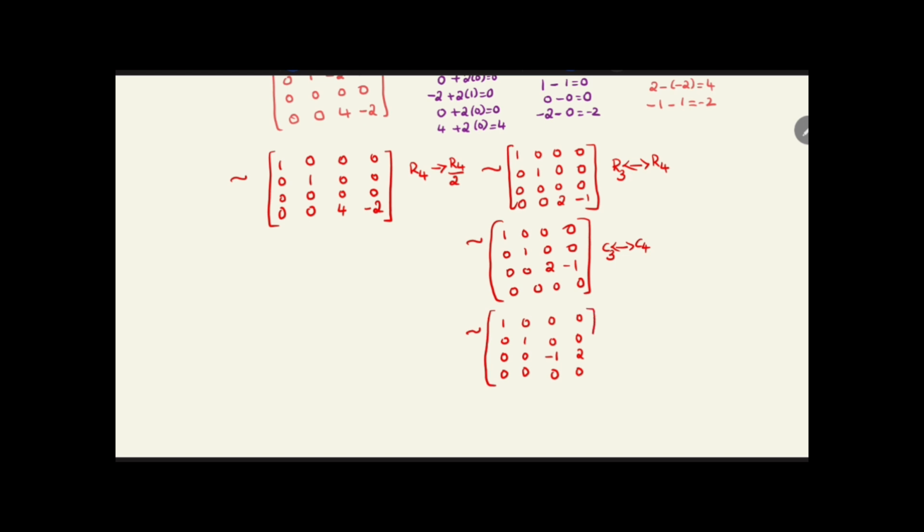Okay, but listen students, I should not have minus 1 here, it should be plus 1, right? Diagonal element, right? 1 1 1 1. But it is minus 1 here. So what I will do here, I will multiply R3 with minus 1.